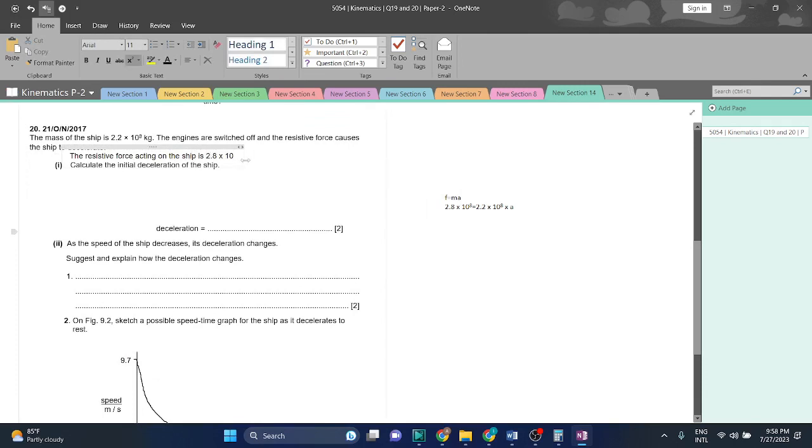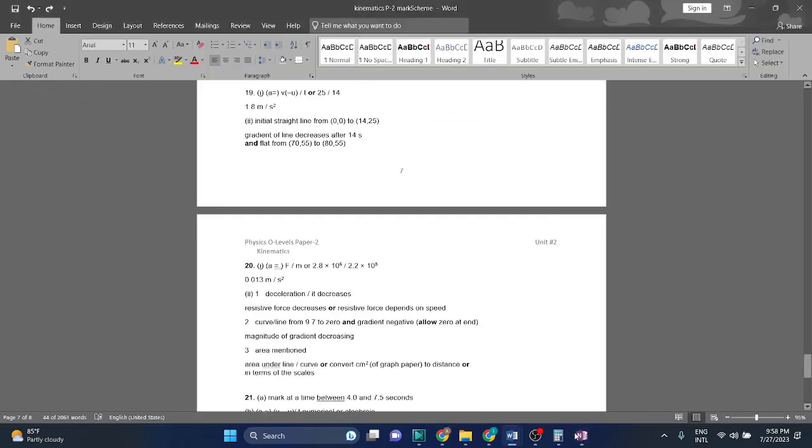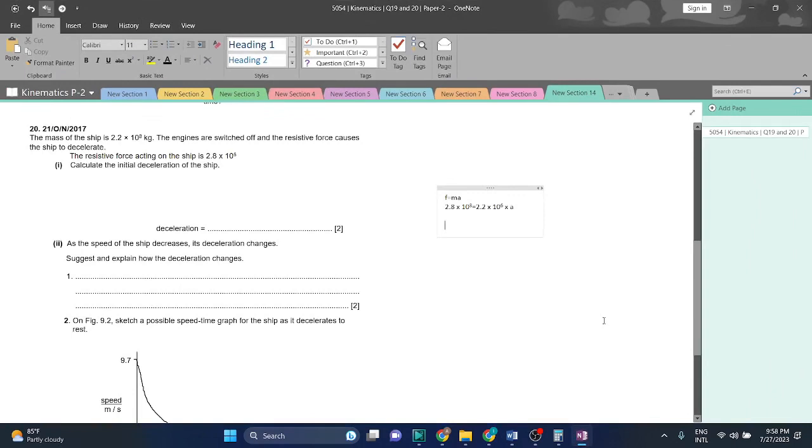My bad. मैंने गलती कर दी. So this is 6. So if you divide these two values, what you will get is 0.013 meters per second square. ठीक है ना? That's the value you will get.